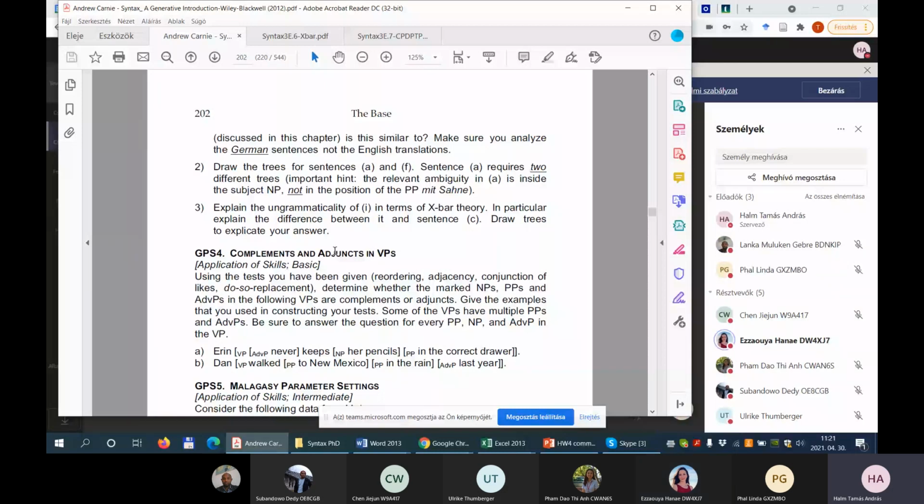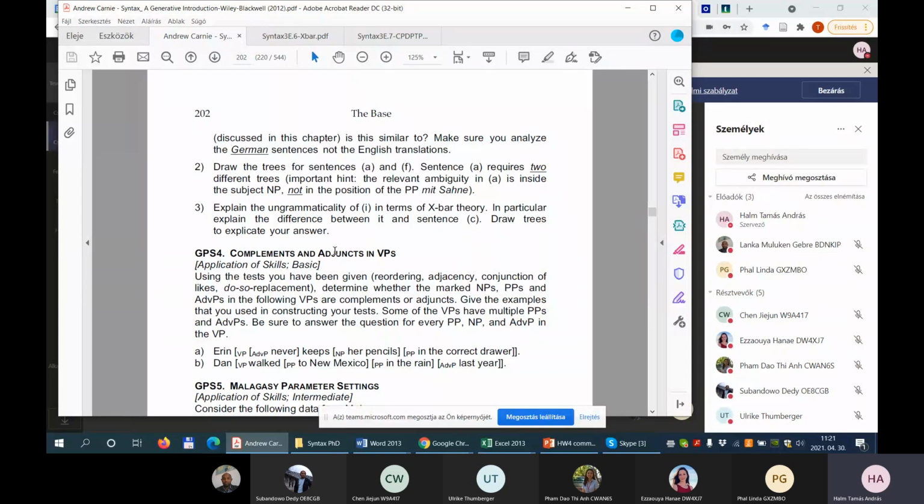Okay, that's okay. So I would say all three here are actually adjuncts, even though if you try the do-so test, for example, what about Dan walked to New Mexico in the rain last year and Jack did so to California in the sun yesterday?